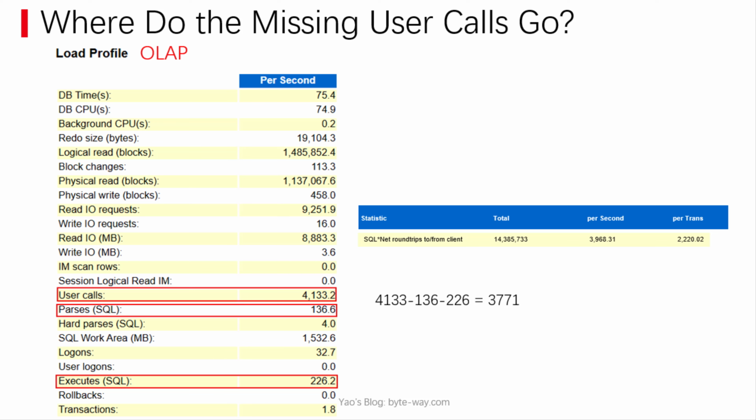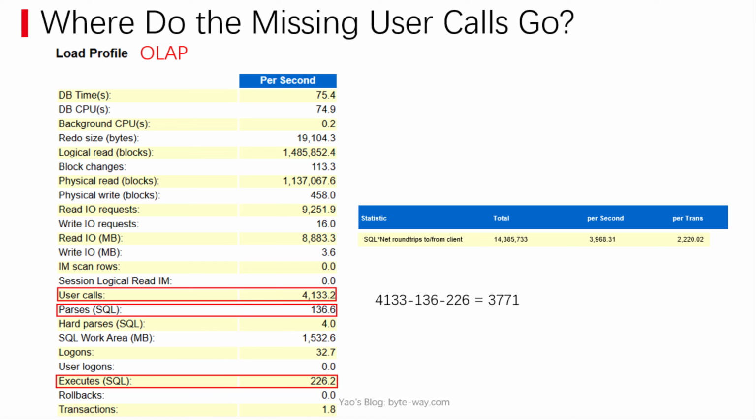In OLAP applications, result sets are usually much larger than in OLTP. Each execution can return so many rows that they exceed the array size, which forces Oracle to fetch repeatedly to deliver the full result set.